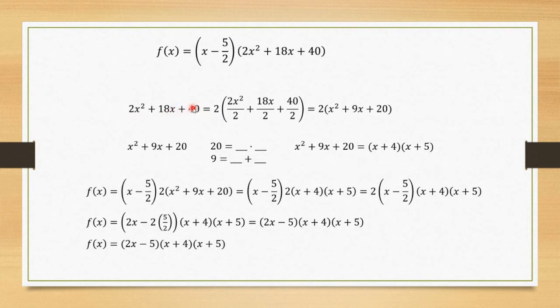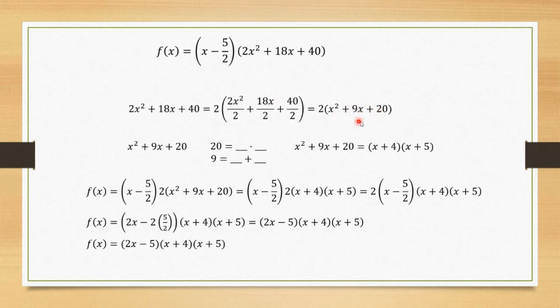So 2 you could factor out. That's what I'm doing here. And so we get 2 times x squared, plus 9x plus 20, dividing everything by 2 to get what's left over.